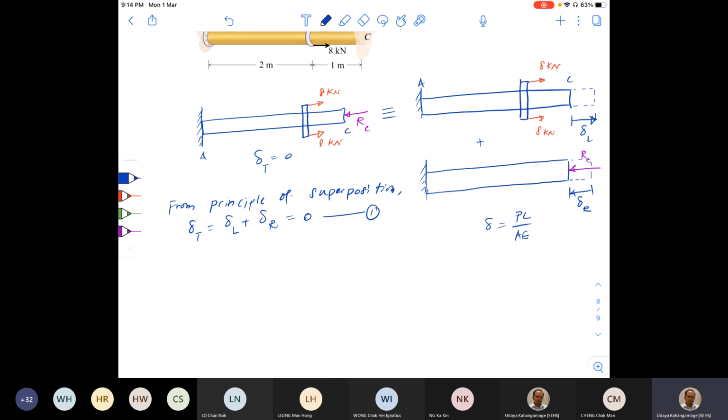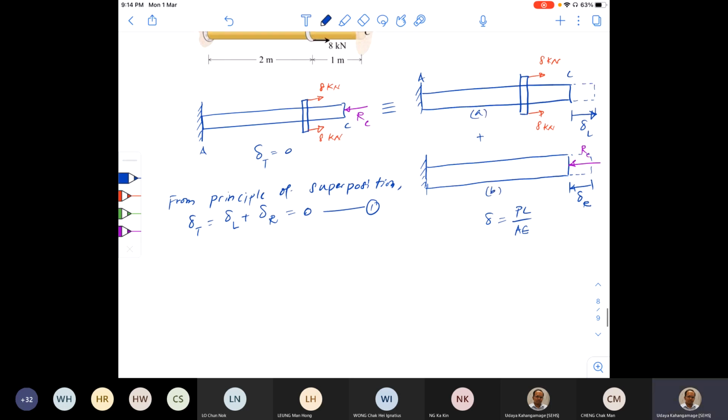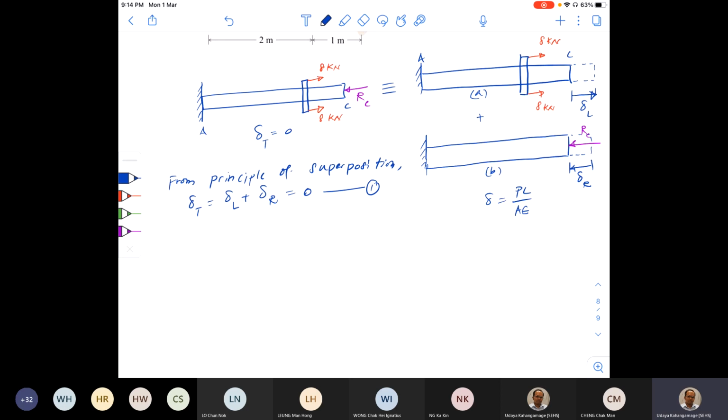So let me just mark this one as case A, this one as case B. Okay. Now, shall we find out delta L? So I'm going to find out this delta L and delta R. Right.